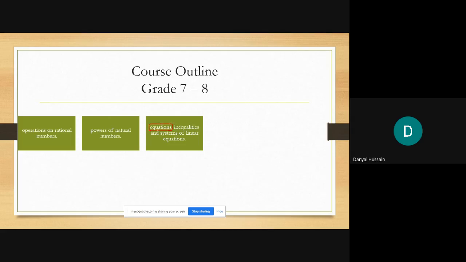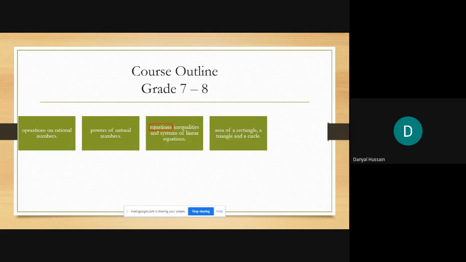We applied the perimeter formula, made an equation, solved it, and found the length of that rectangle. So we have to know how to solve equations or inequalities.